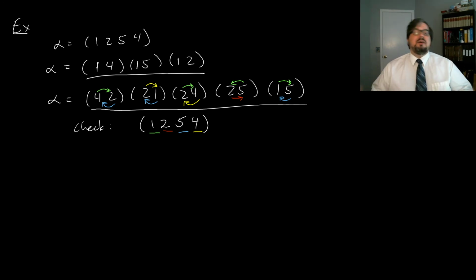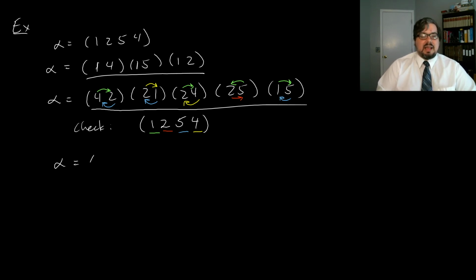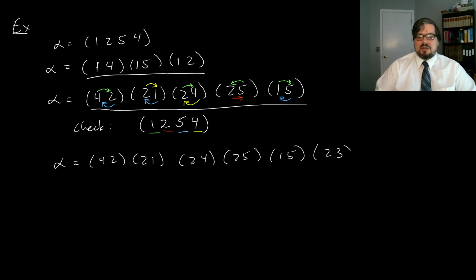And you can try a bunch of times to write alpha in terms of transpositions. One easy way of doing that would be to take a transposition decomposition you already have, and then just putting any transposition on there twice.